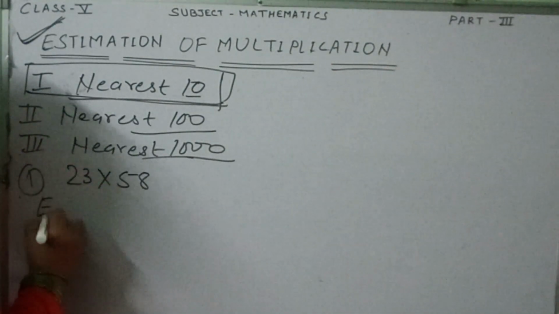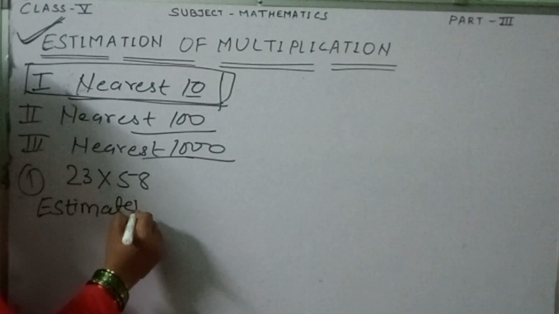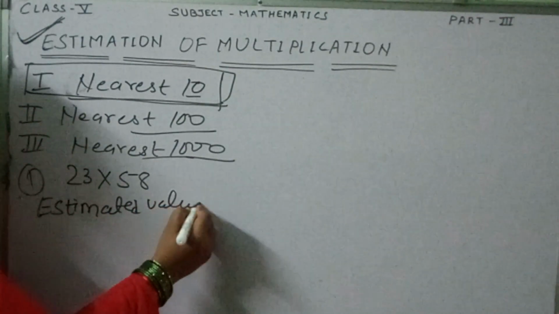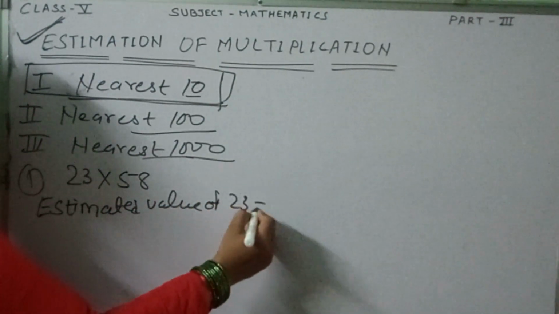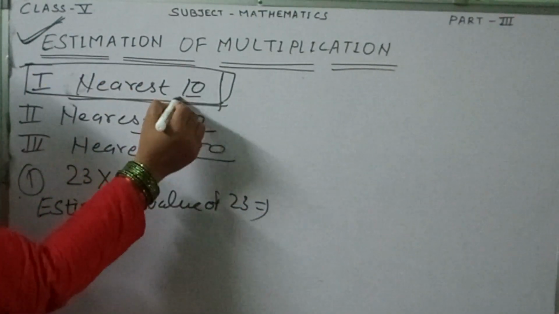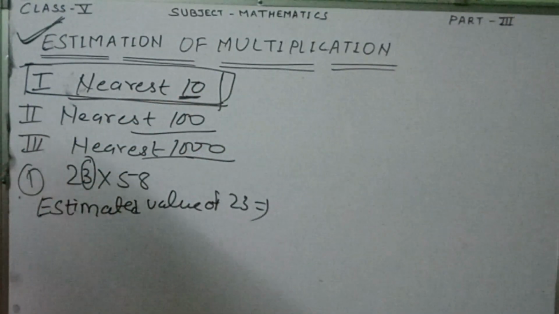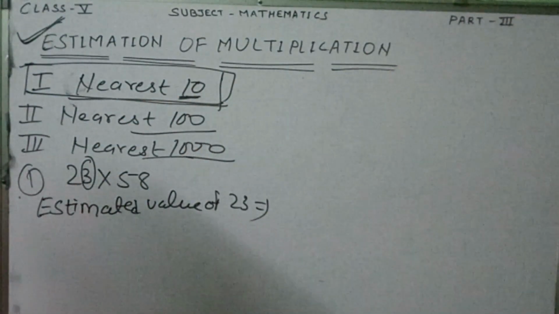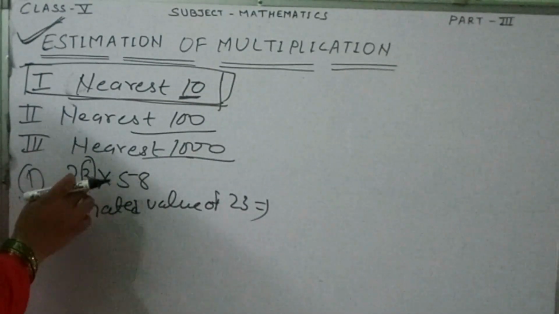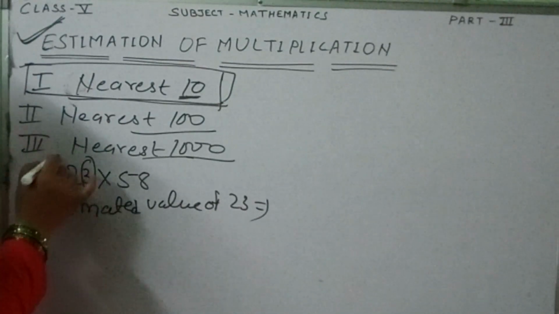What is the estimated value of 23? We have to check the nearest 10. As I told you, compare the ones digit with 5. This digit is 3, and 3 is less than 5, so no need to add anything.